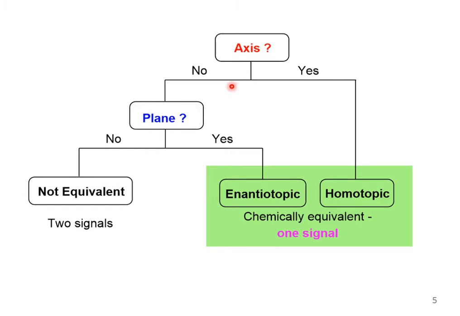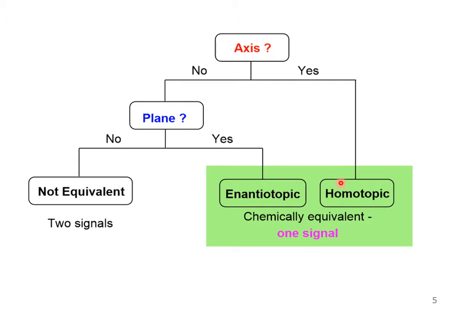In symmetry, if you see the compound's axis, if it contains an axis, yes, then the protons are homotopic. If there is no axis, then you check for a plane.